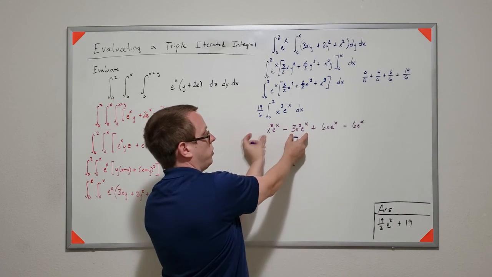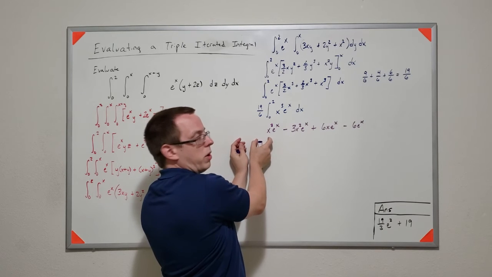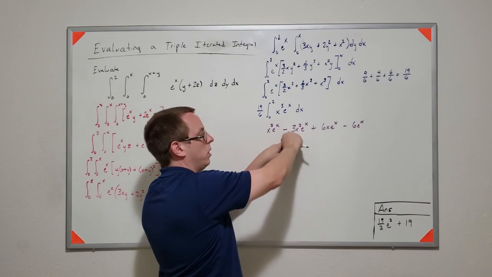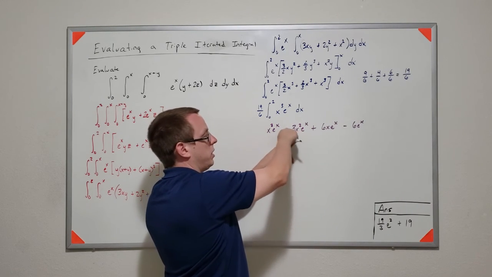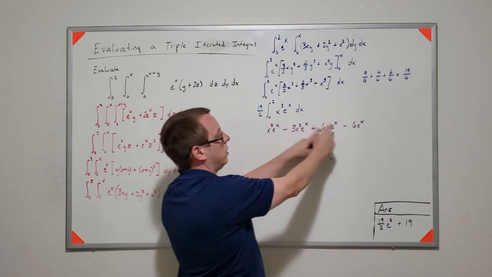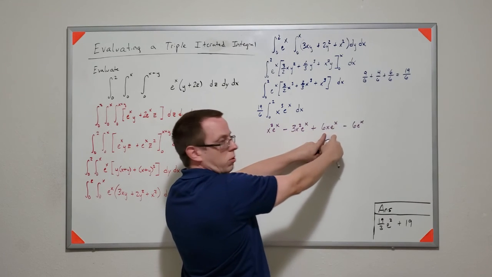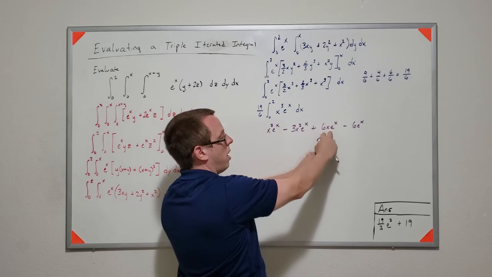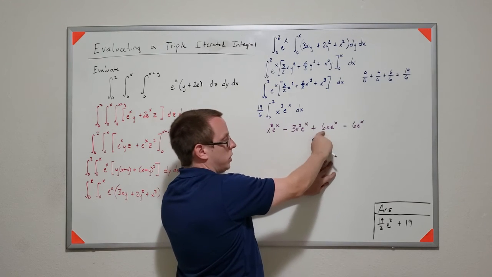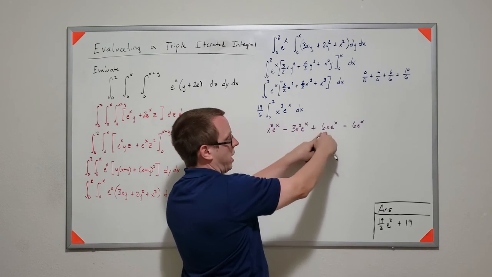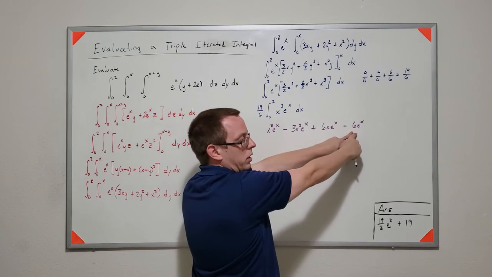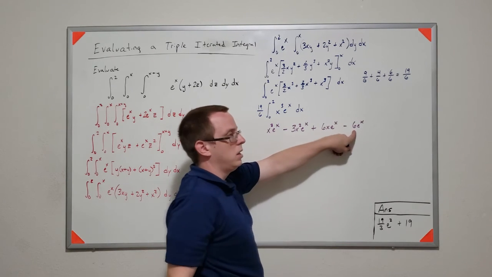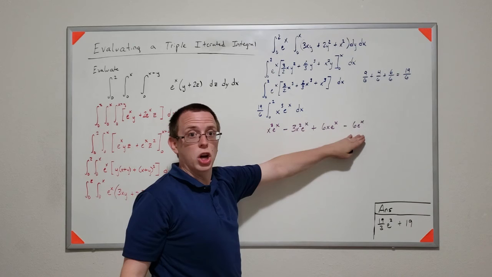So the 3x squared term that this one generates with the derivative cancels with this one. The derivative of this is negative 6x, 0 over here. This derives to 6x e to the x, so that cancels that one. This goes to negative 6 e to the x. And then you're just done, right?